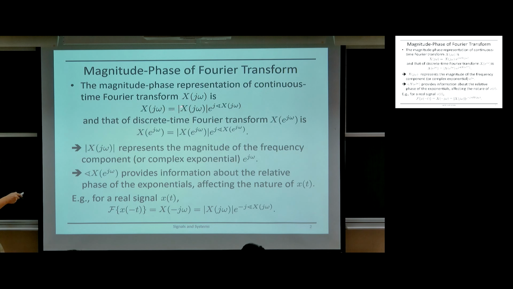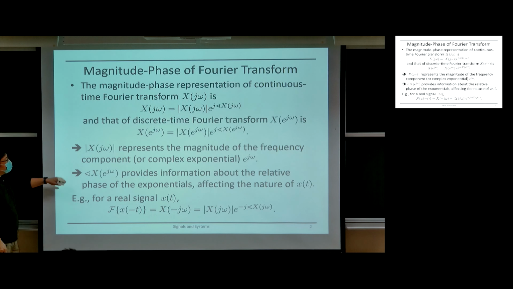Then you can write it in terms of a magnitude, the absolute value of X, times e to the j of the phase of this signal. Now you can do this both for continuous time or discrete time Fourier transform.